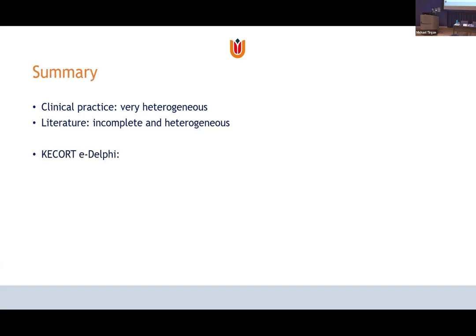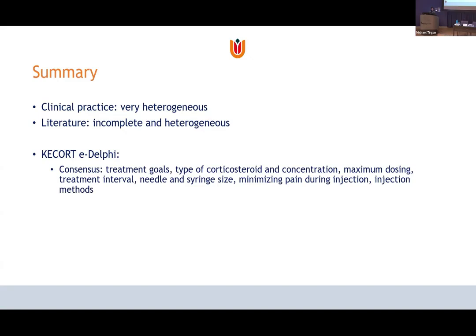And since, based on current studies, we cannot give strong evidence-based recommendations, we performed the eDelphi study, in which we reached consensus on treatment goals, type of corticosteroid and concentration, maximum dosing, treatment interval, needle and syringe size, minimizing pain during injection, and injection methods.